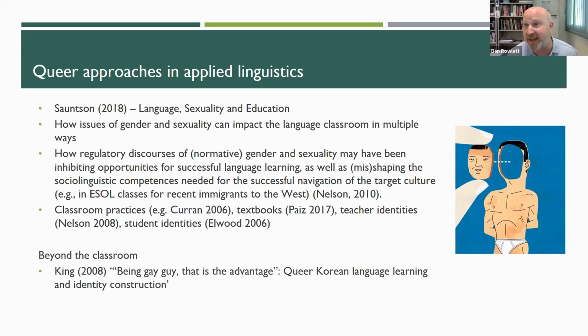But also, in the interests of a queer approach, King points out how discourses of sexuality in a globalized world, in this case a very Western gay discourse that emphasizes individuality and self-expression, work to shape learners' desires and actions, but also restricted them. For example, one of King's participants found it very difficult to approach white men in the UK because of their powerful position in British society, therefore hindering language learning opportunities in the process.